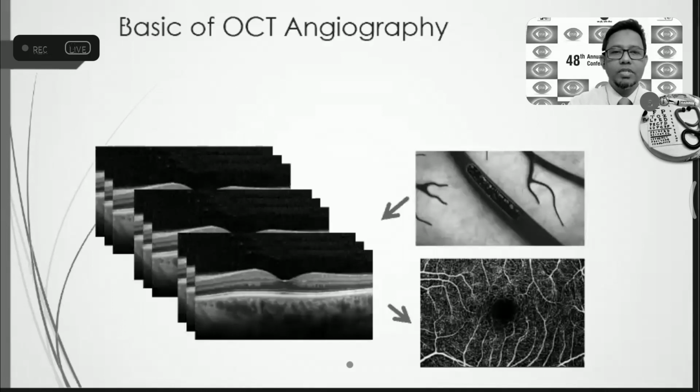What is the basis of OCT angiography? OCT angiography is based on the principle of detecting particle movement, such as red blood cells, on sequential OCT scans performed repeatedly at the same retinal location. Sorry, I cannot show the remarkable points because my cursor is not working now.